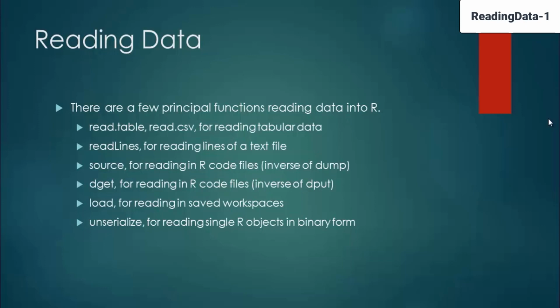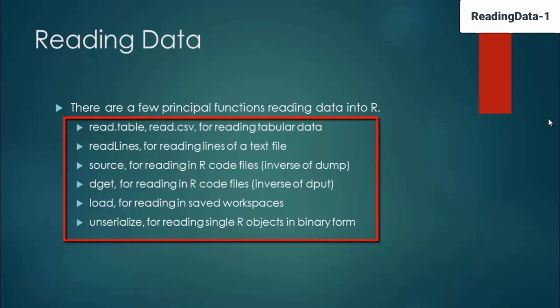There are a few principal functions regarding reading data into R. read.table, which will help you read table data into the R dataset. read.csv. CSV is an extension, a format similar to Excel. These can be used to read tabular data.